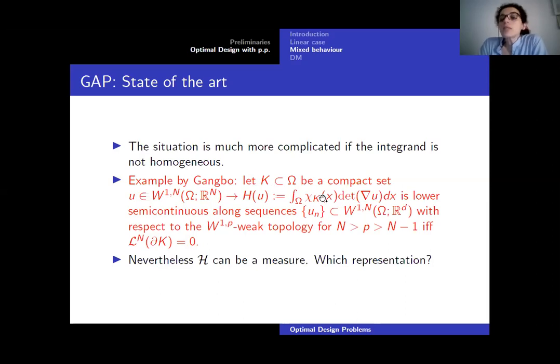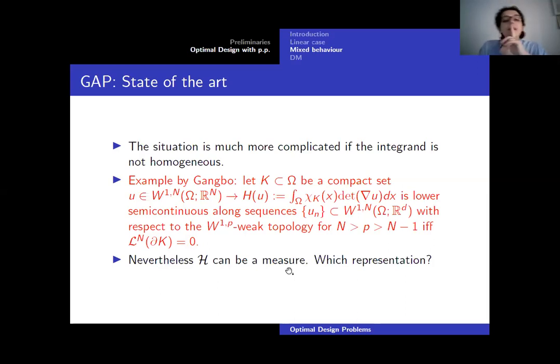Namely, if one considers the characteristic function of a compact set whose boundary has Lebesgue measure which is not zero, then this functional is not lower semi-continuous, and the relaxed functional cannot be represented through a regular measure. So it is really interesting to understand which are the possible representations for these measures.